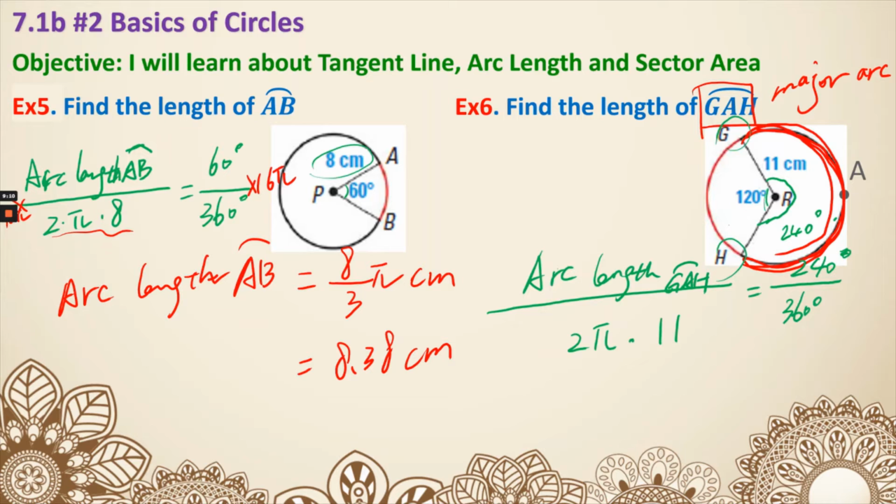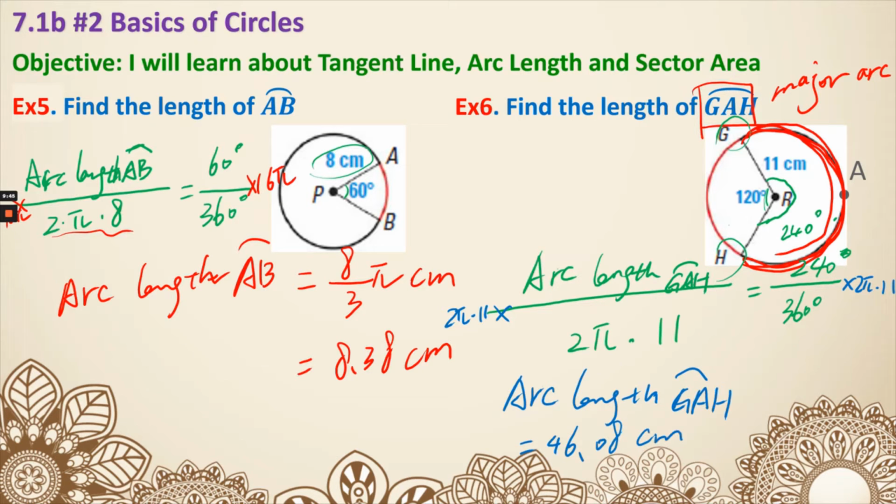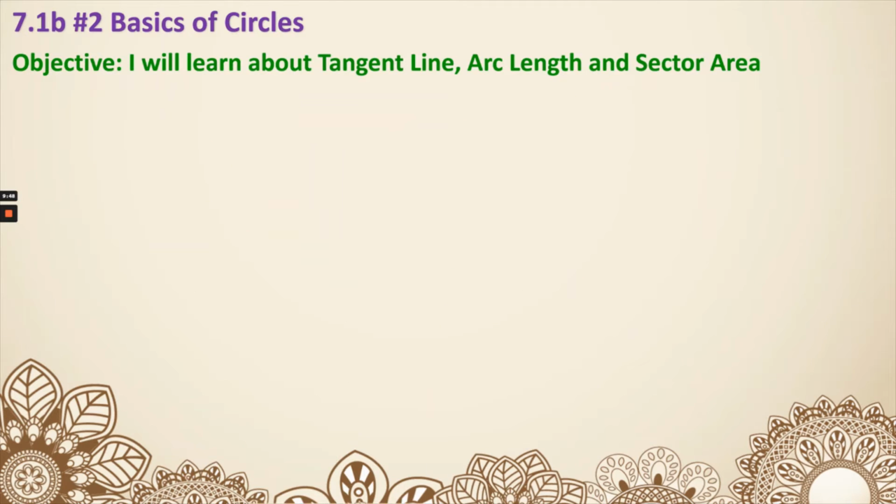And same idea, we can multiply by the bottom of that fraction on both sides, so times 2 pi times 11. And that is going to be GAH. That is going to be 46.08. Don't forget the unit, centimeters. So that is example 6.